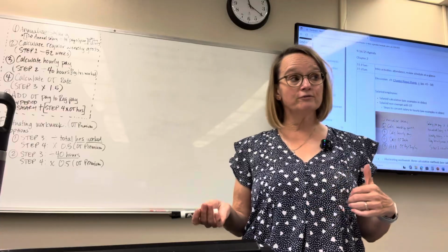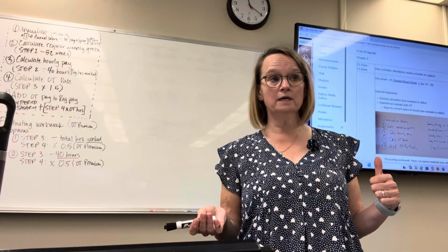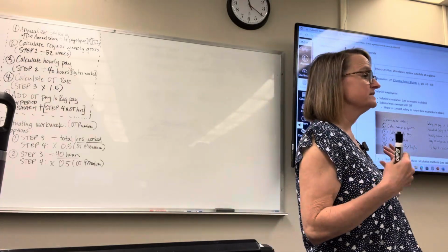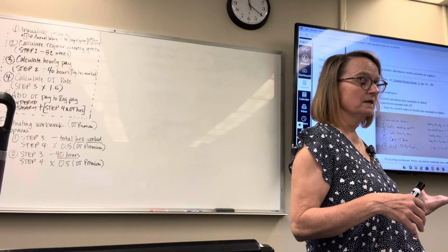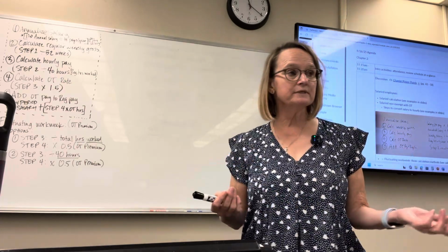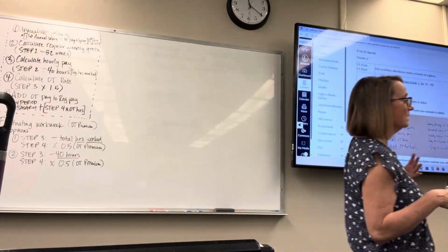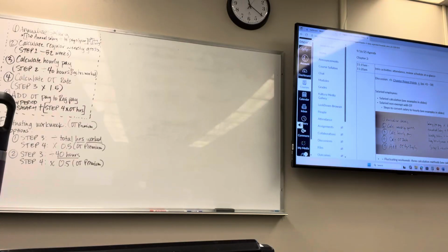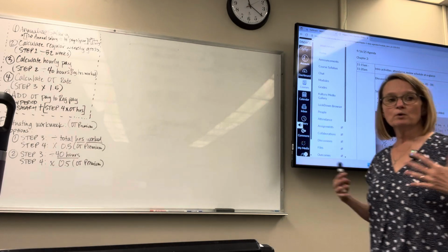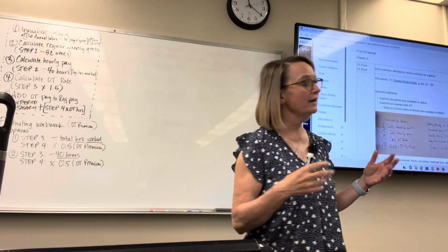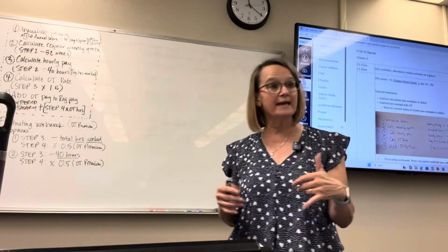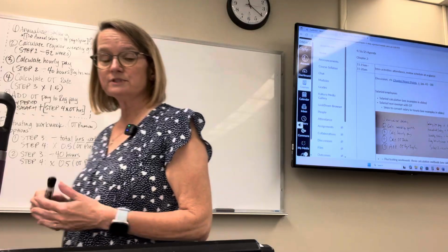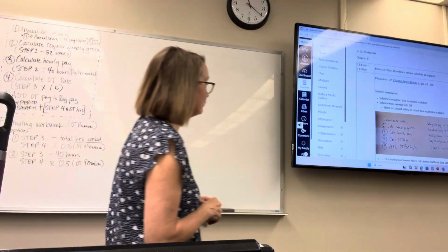So they're entitled to overtime pay for hours over 40, but they're paid on a salaried basis. So they have maybe a set monthly salary or a set amount that they're paid on a weekly basis. We've got to figure out if they work overtime, we've got to figure out what that overtime rate is so that they get paid the proper overtime rate for the hours over 40 that they work.